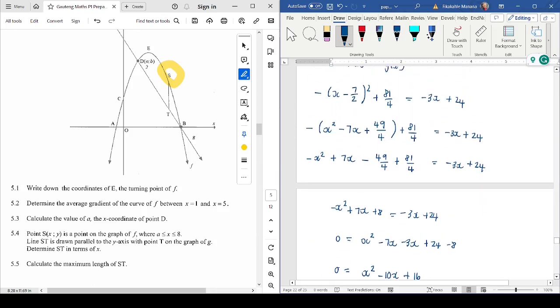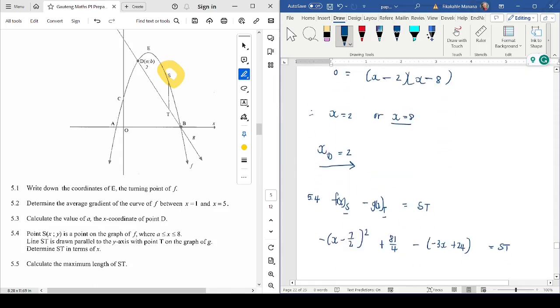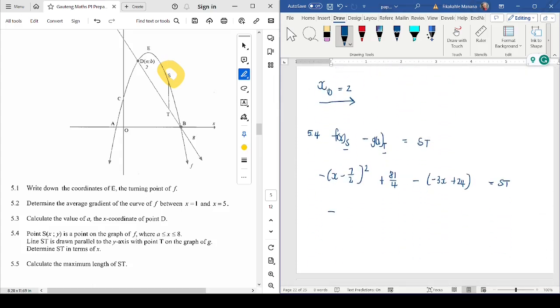We can just say negative x squared plus 7x plus 8. And then just multiply in the negative, so we have plus 3x minus 24.